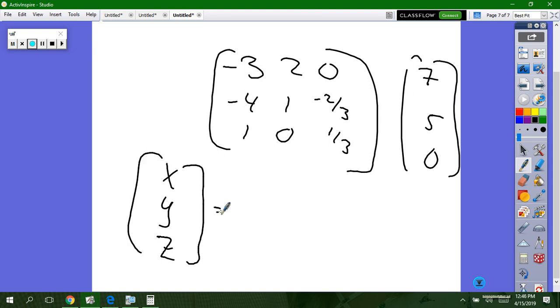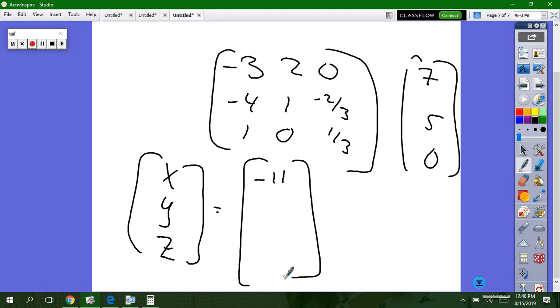You guys ready? First row, first column. -3 times 7 is -21. Plus 10 plus 0, so -21 plus 10 is -11. So x is -11. -4 times 7 is -28.